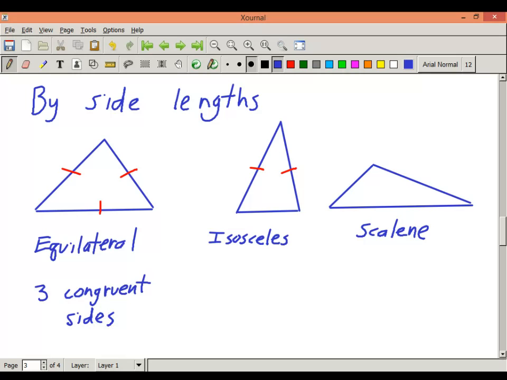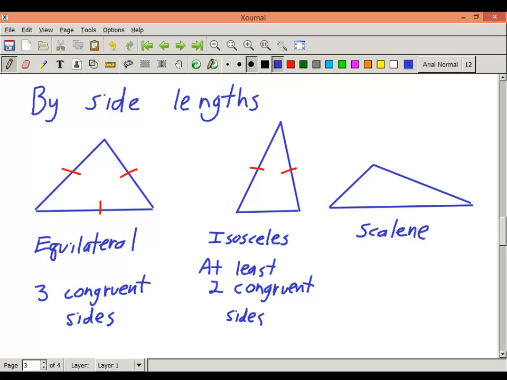If you look at the second triangle there, you got two sides congruent. That's isosceles. So an isosceles triangle has two congruent sides. Actually, technically, it's at least 2. But we usually think of it as 2 congruent sides, but at least 2.